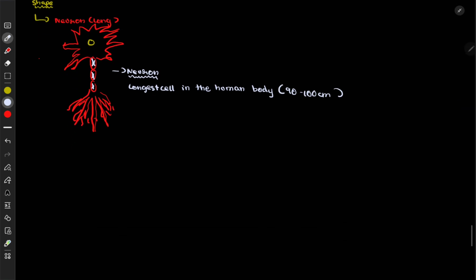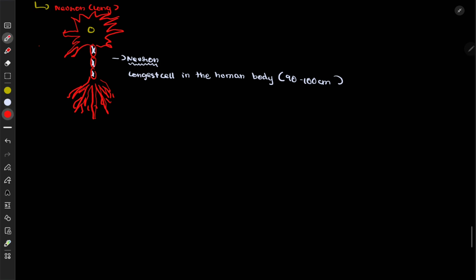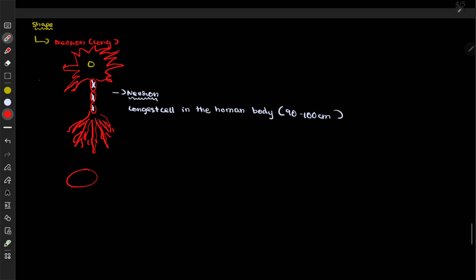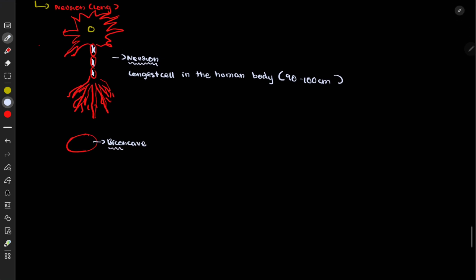Now, after the neuron, we also have red blood cells, which are biconcave and small, 7 micrometers.